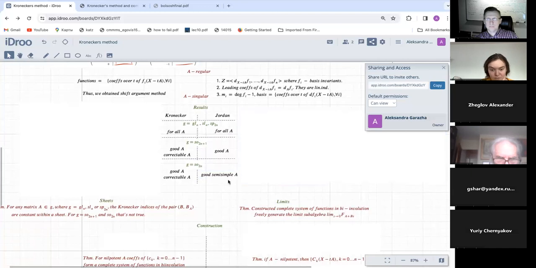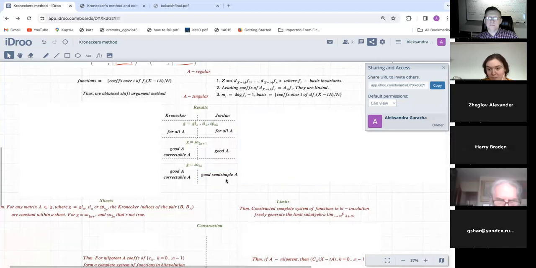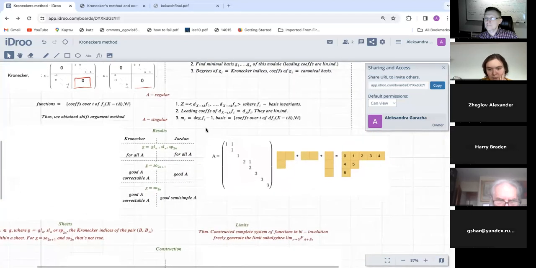Can I ask what good and correctable mean, please? Yeah, sure. I will show it in just a few seconds. First of all, I will show how we can construct a Young diagram if we have some element A. For every eigenvalue, we construct a Young diagram.